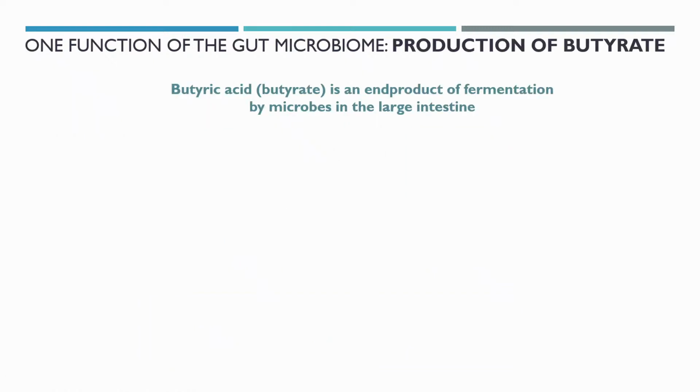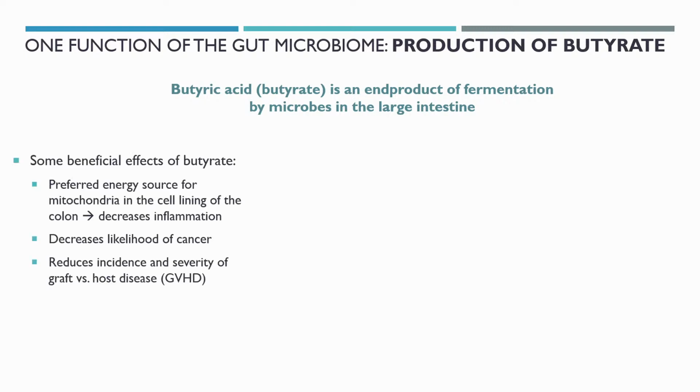So the production of butyrate is very important in the function of the gut microbiome. Butyrate is the conjugate base of butyric acid, so you can hear it either way. I usually say butyrate, an end product of fermentation by microbes in the colon or the large intestine. That's why I called it colonic fermentation, because it's in the colon.